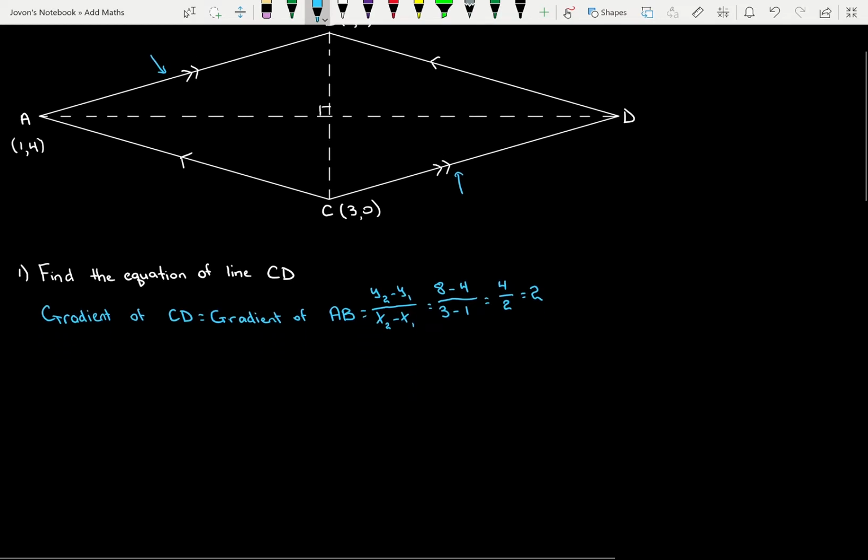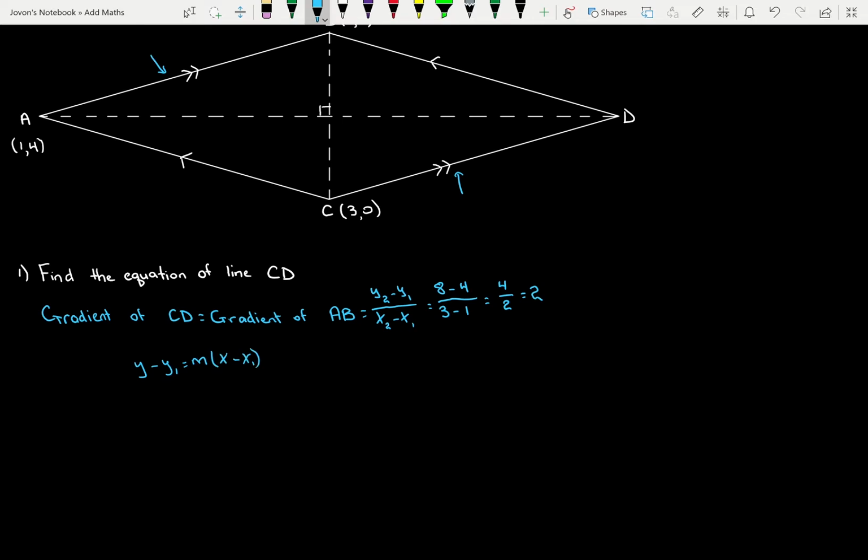Now to find the equation of the line, it's very simple. We have the gradient now, and we need a point on the line. C is a point on the line. So we use the equation y minus y1 is equal to m multiplied by x minus x1.